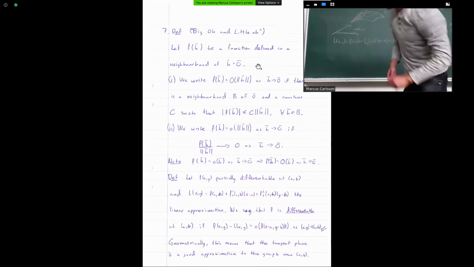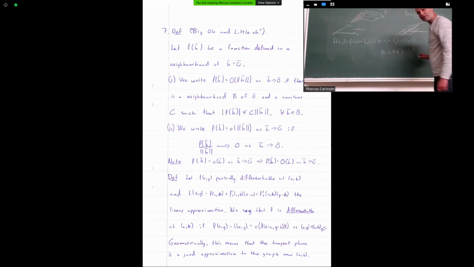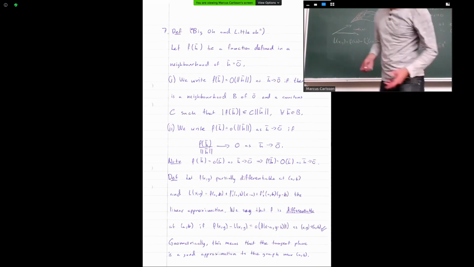So if I were to write f of h equal to ordo of h squared, that just means that the modulus of f of h is less than or equal to c times h squared in a neighborhood of the point.